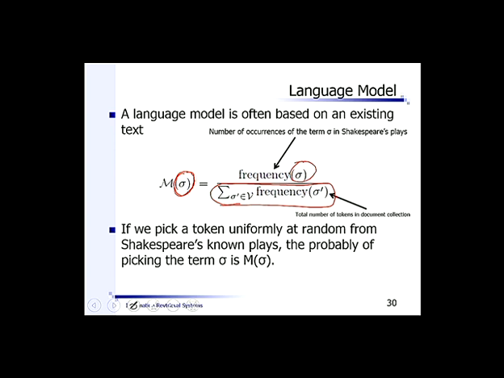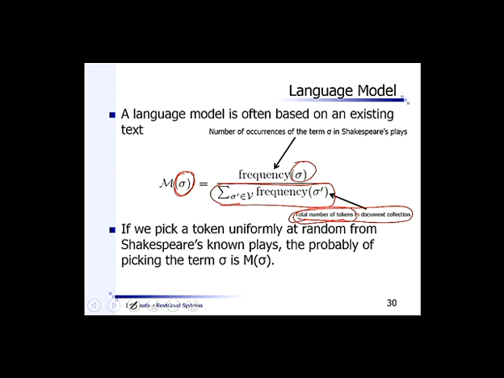So it is simply the total number of tokens in the document collection, right? Like the appears 28,000 some times and appears, let's say, 22,000 some number of times, and so on and so forth. If we add up all the frequencies, we will get the total number of tokens in the document collection.